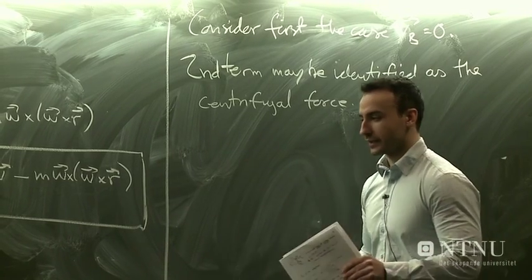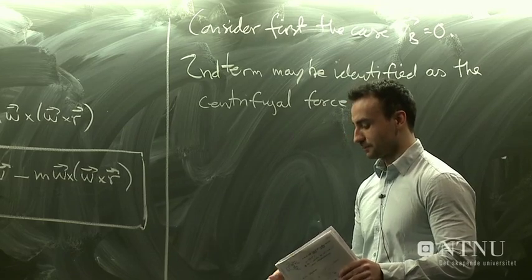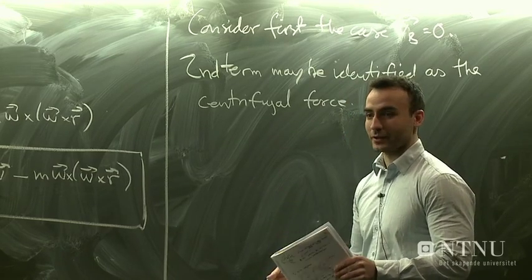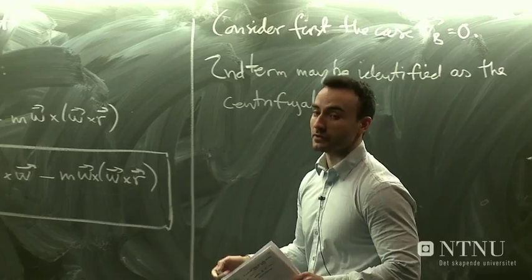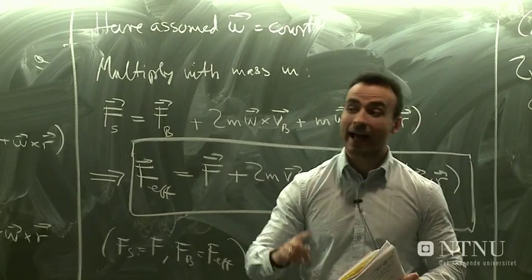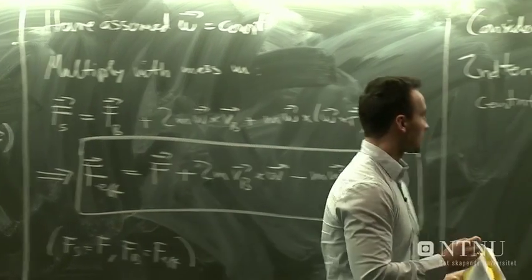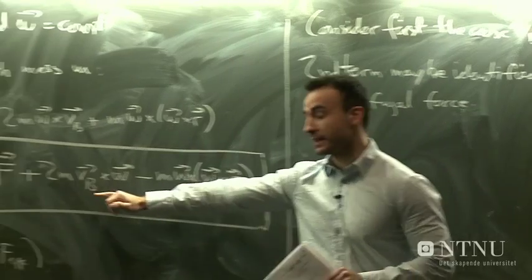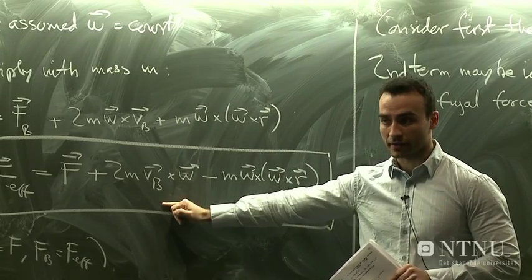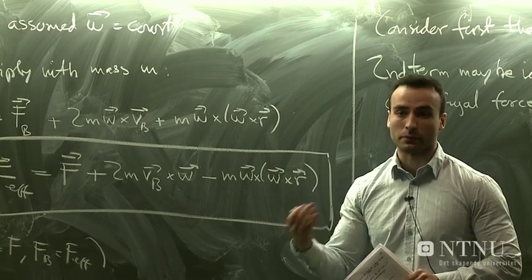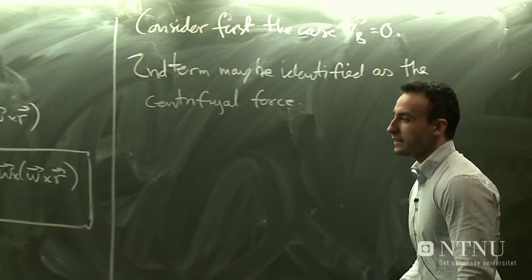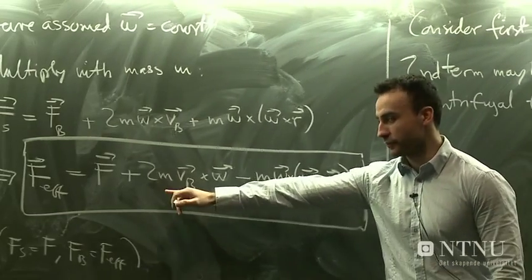And then let's say you're sitting on this horse or spaceship or whatever in the carousel, and then you're trying to move on the edge of the carousel as the carousel is spinning. That would correspond to a case where VB is non-zero, because even in the rotating system, you're now moving. So we see that in that case, we have an extra force here.